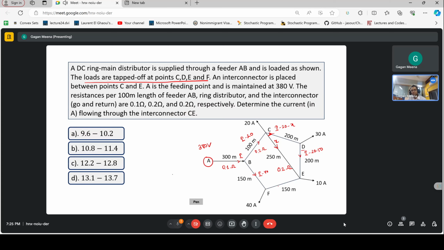Let's say X current flows here, Y flows here. One equation we know: X plus Y is equal to 100. Now this is X minus 20, X minus 50. So this is Z. This is Y minus 40.